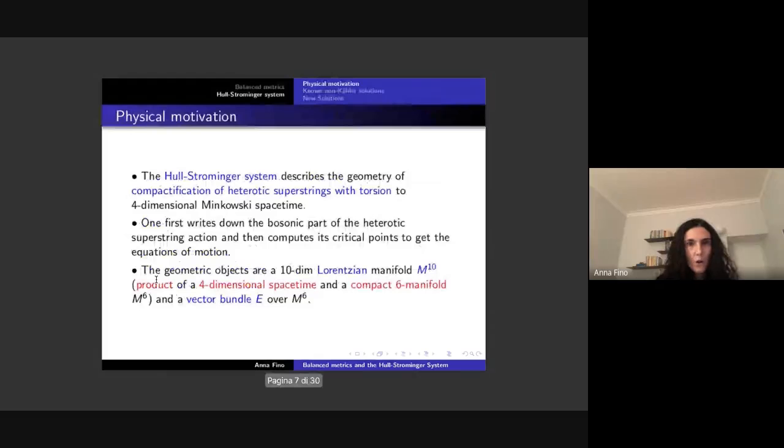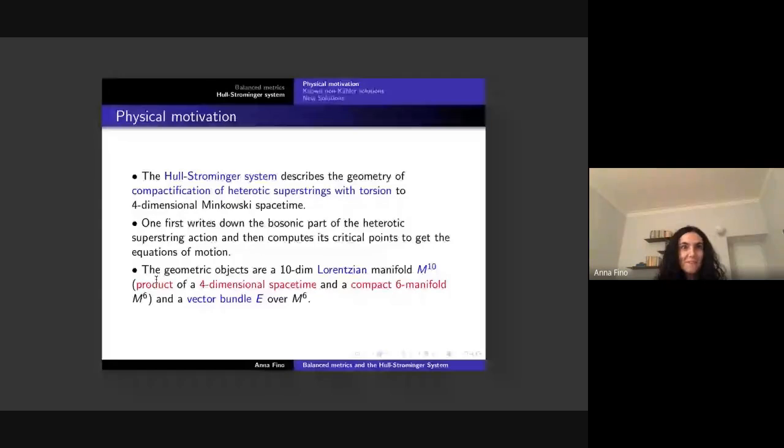So let's go to the Hull-Strominger system. I hope that I will say the physical motivation in the correct way. Mario, please correct me if I say something wrong.